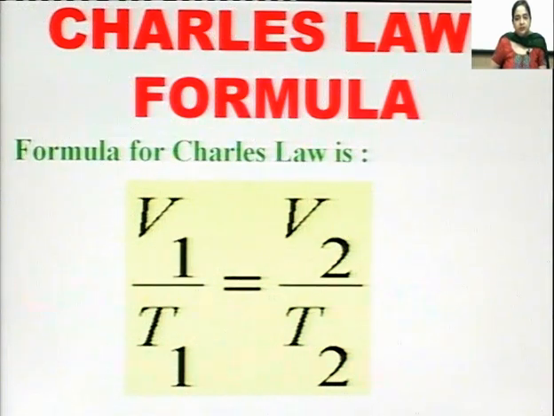Charles' law is V1 over T1 is equal to V2 over T2.